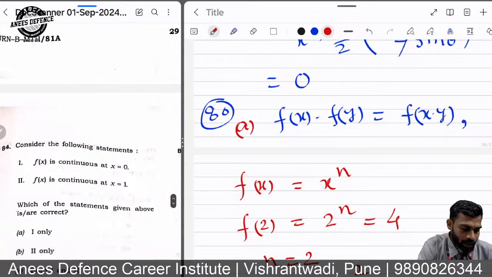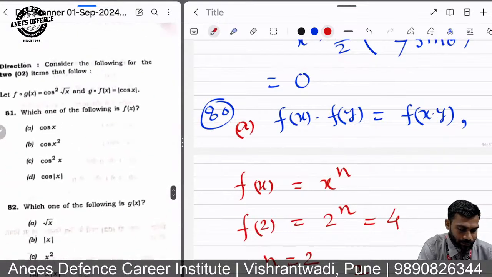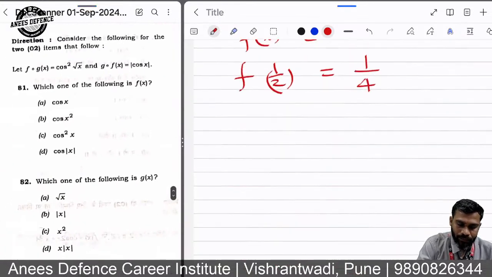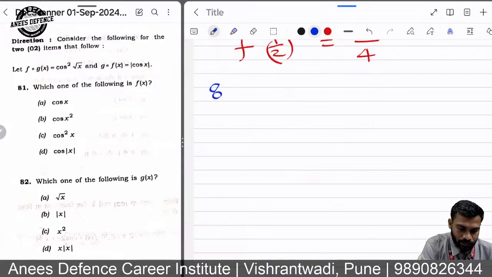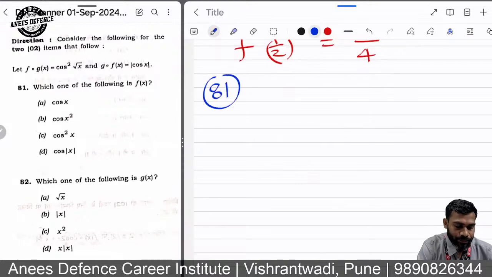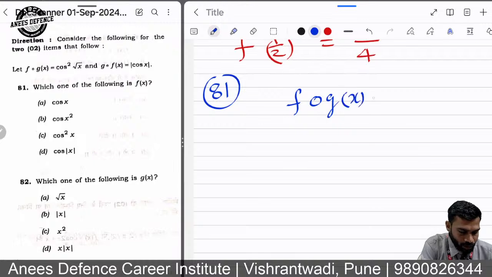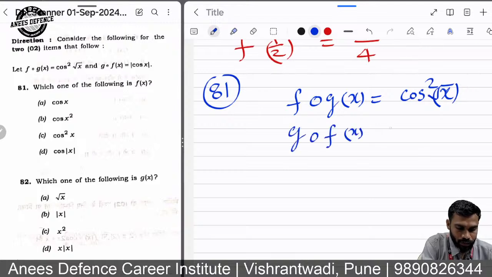Question number 81. Now, what we have got, f of g is equal to cos square root x, and g of f is equal to mod cos x.